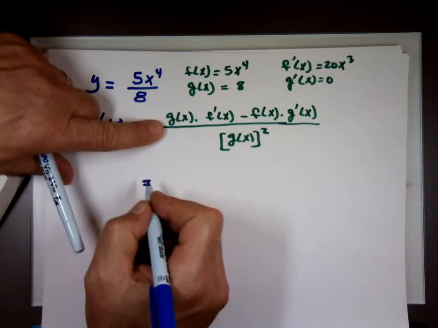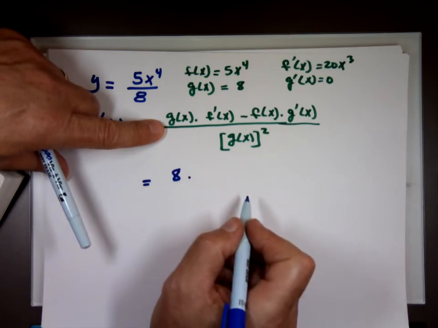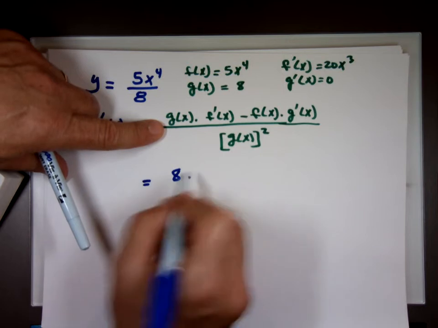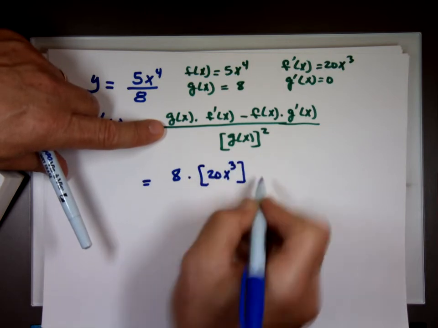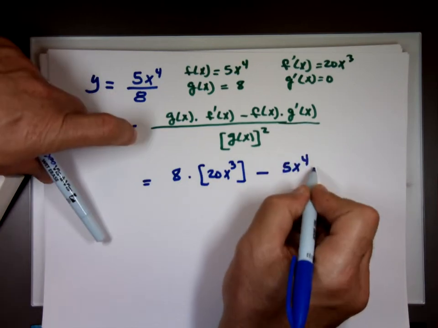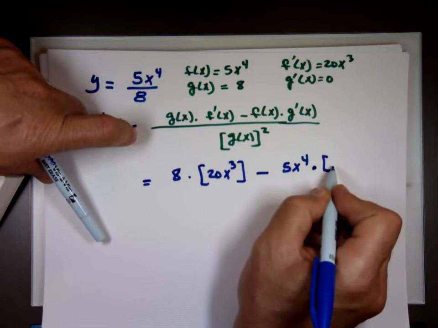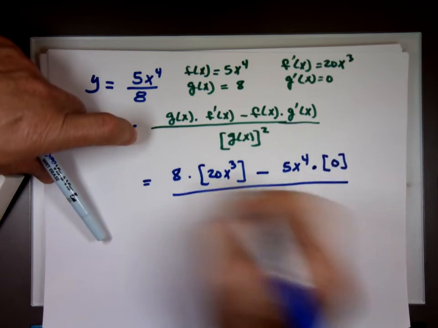Do we know what g of x is? 8. Yep, it is 8. What's f prime of x? 20x to the third minus f of x, which is what? 5x to the fourth times g prime, which is what? 0, divided by 8 squared.